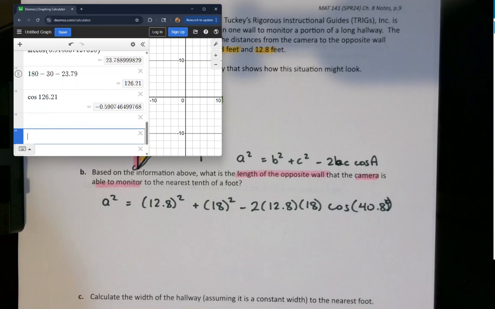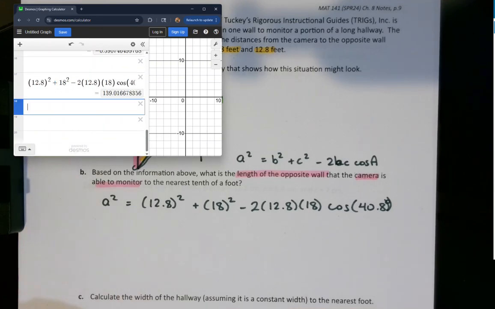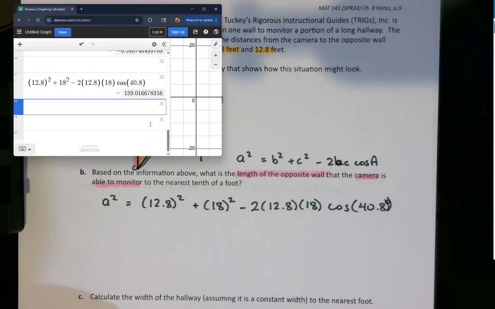I'm going to not clear just because I know this calculator is still in degree mode. Won't need to change that. So 12.8 squared plus 18 squared minus 2 times 12.8 times 18 times the cosine of our 40.8 degree angle. See if I can expand that just to make sure everything's typed in correctly.